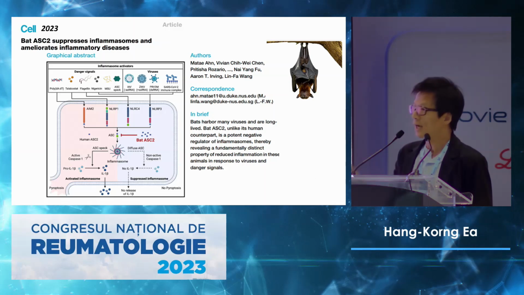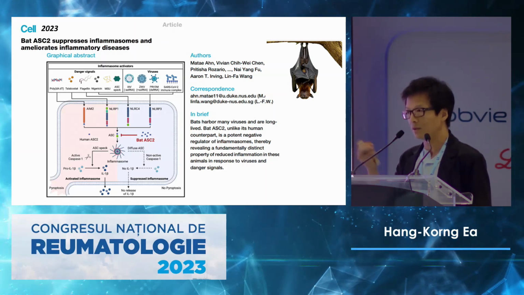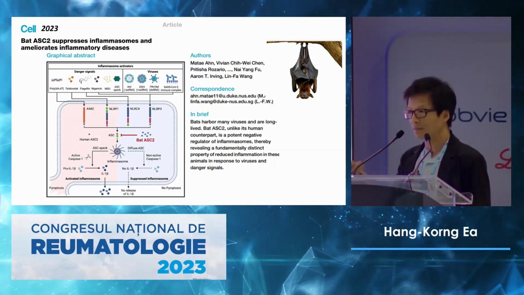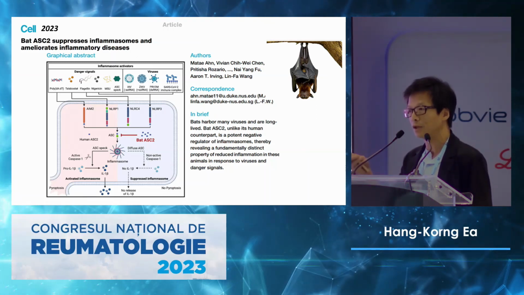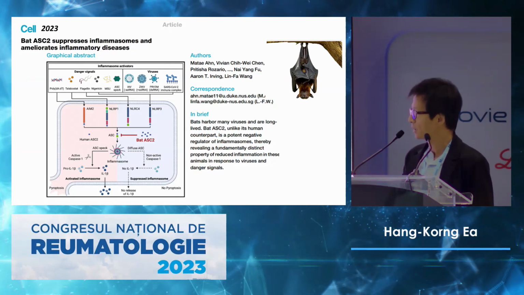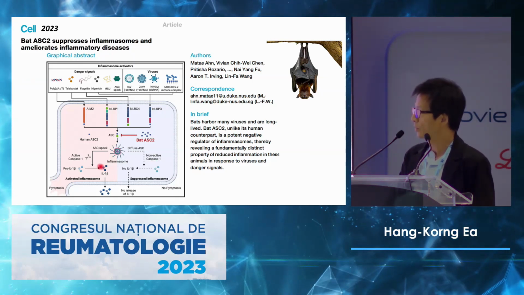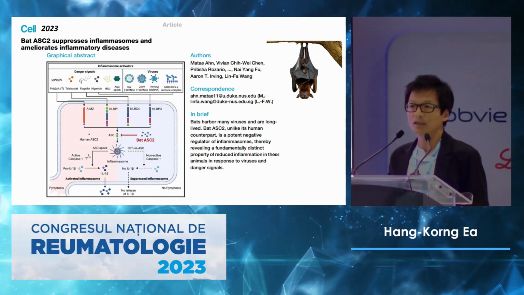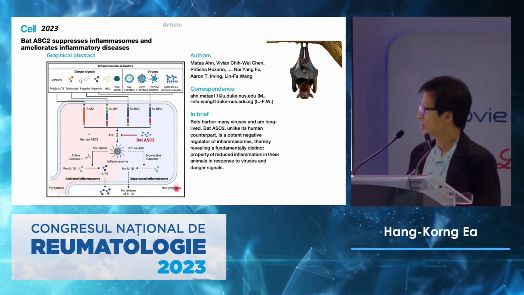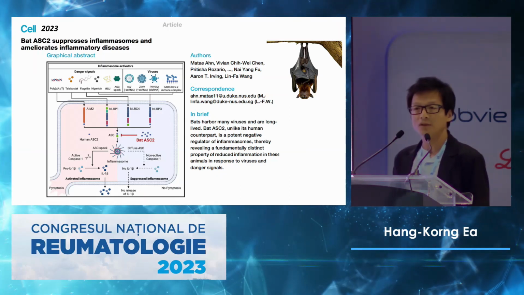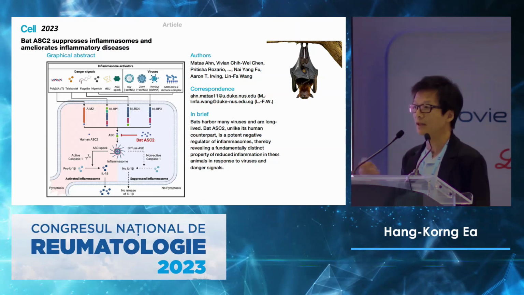And when ASC forms the speck, it will allow pro-caspase-1 to become active caspase-1. And this active caspase-1 will cleave pro-IL-1 to mature IL-1. And the mature IL-1 is secreted through the channel formed by gasdermin and will have the inflammatory effect.